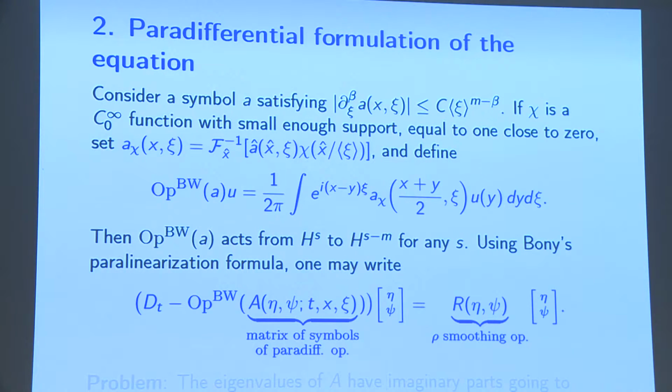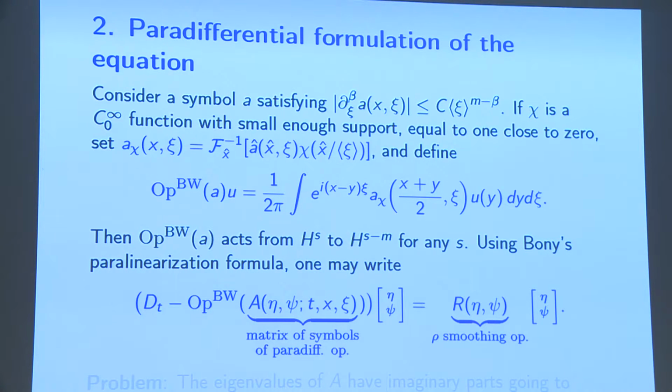And in that way, you define the Weyl quantization of the function A as the operator associating to some test function u a new function given by this integral: 1 over 2 pi, integral of e to the i (x minus y) xi, A chi of (x plus y) over 2 and of xi, u of y, dy d xi.